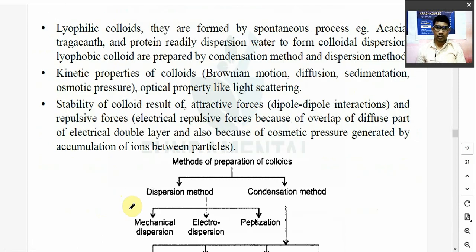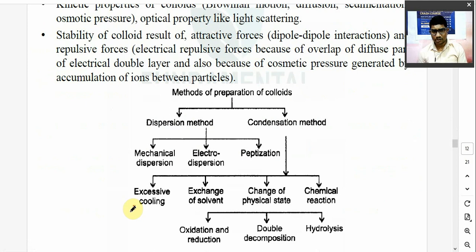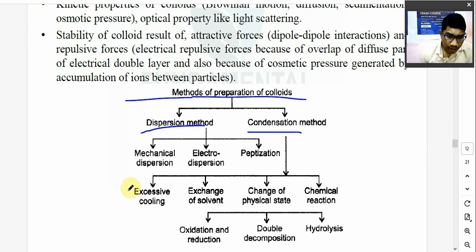Now you can see over here again the methods for preparation of colloids. Dispersion method is there first. Second is the condensation method. In the dispersion method, mechanical dispersion is there using a colloidal mill, electro dispersion is there by using Bredig's arc, and peptization is there.